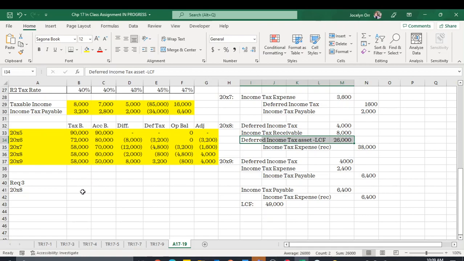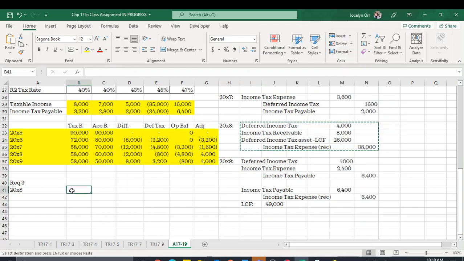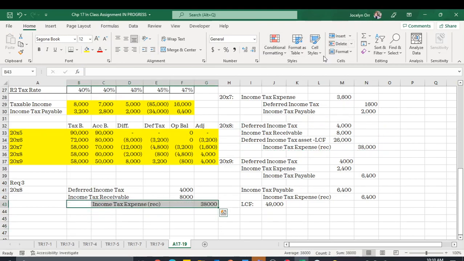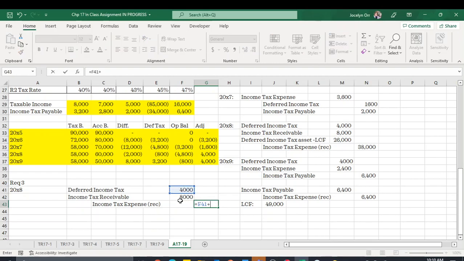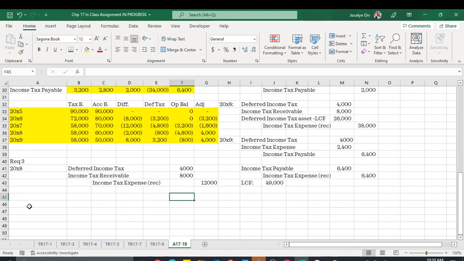Okay, if it's not probable, we don't record it in the books. So much of this entry is going to look the same. So let's save ourselves some work. Delete those out, adjust our income tax expense recovery, and there we are.